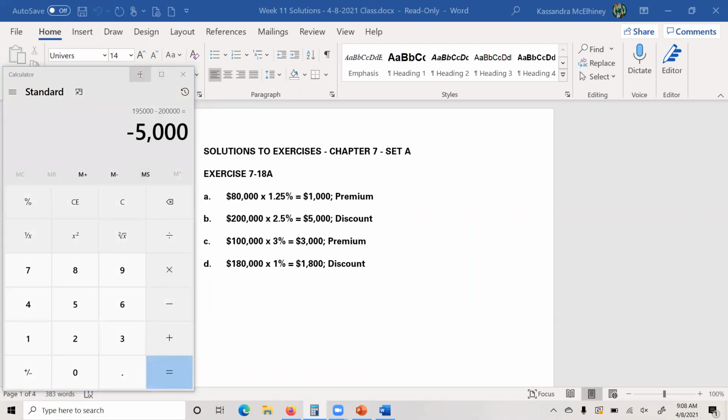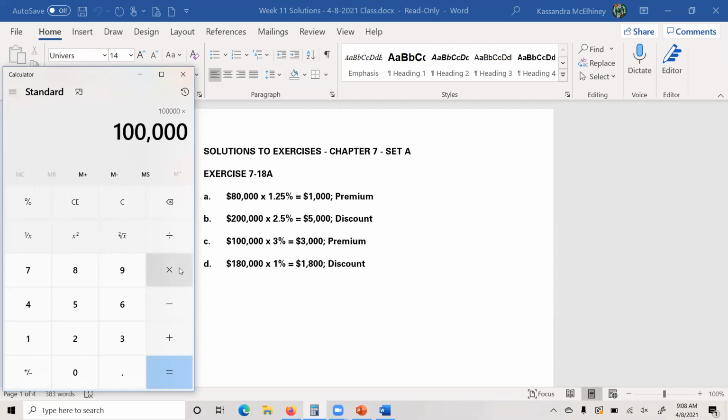So part B, our solution was $5,000 of discount on that bond issue, as the price was below 100, below face value. So part C is Oak Incorporated, issues $100,000 face value of bonds at a price of 103% of face value.